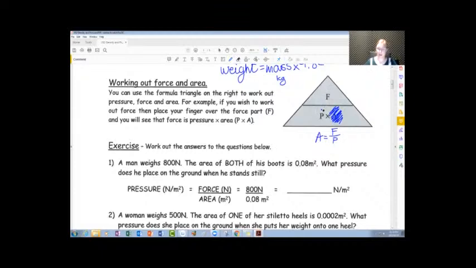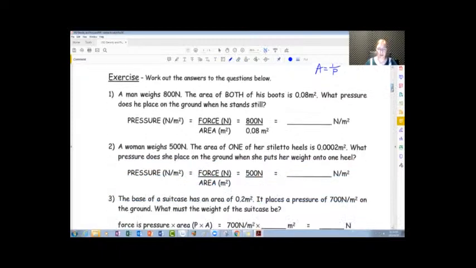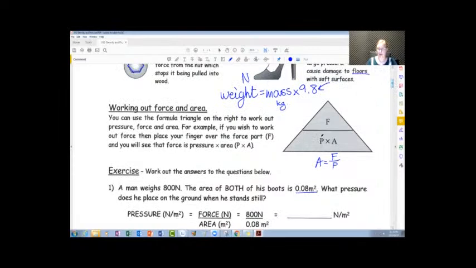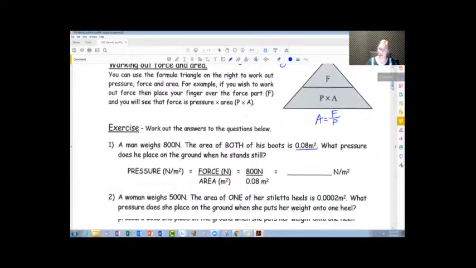Okay, so let's do a few examples so that we can get into the swing of things. If a man weighs 800 newtons and the area of both of his boots is 0.8 square meters, what pressure does he place on the ground when he stands still? If we look at our triangle and close up P, we get pressure is F over A, so force over area.